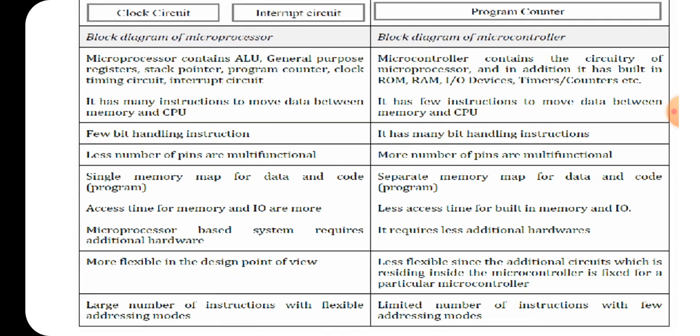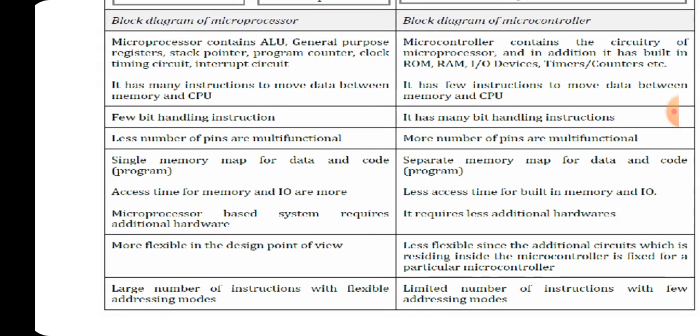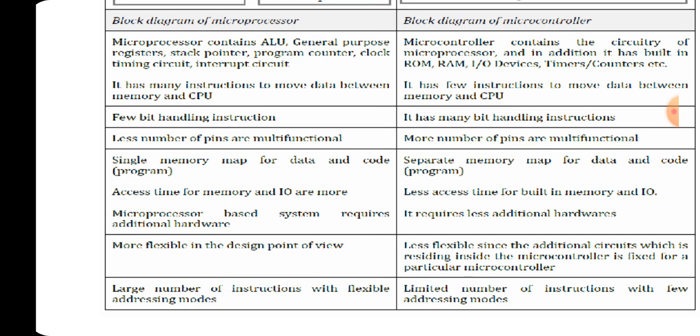So designing a system using a microprocessor as its CPU is more flexible from the design point of view. As per your requirement or your design, the type of memory and the amount of memory can be decided.